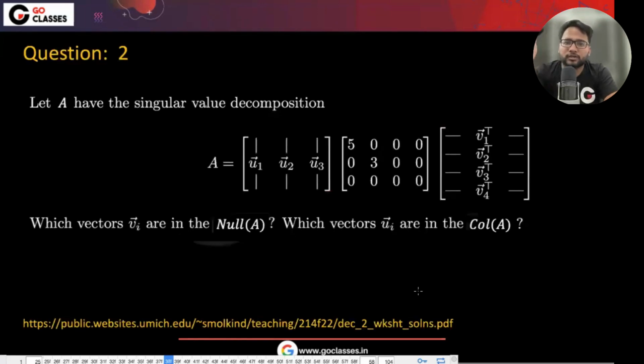Let's see this question. Suppose something like this is given to you, I mean, some SVD decomposition is already given. Now they are saying which vectors Vi are in the null space of A, and which vectors Ui are in the column space of A. Just tell me the answer here.